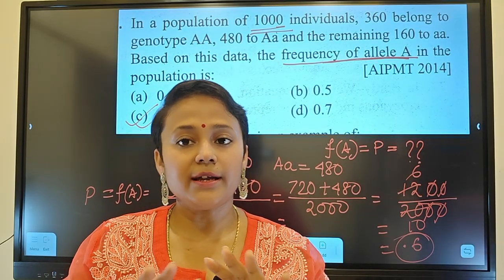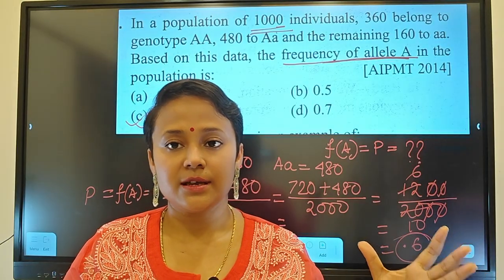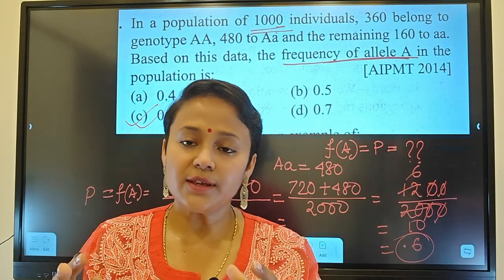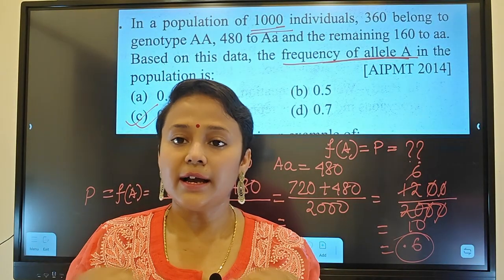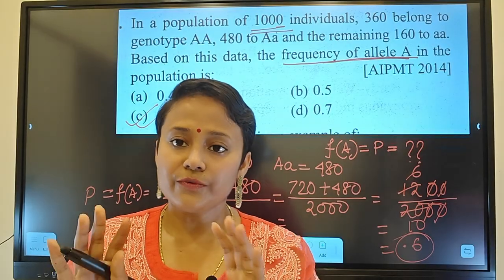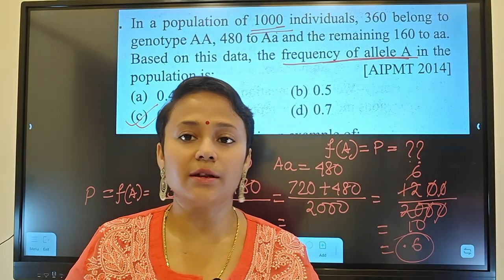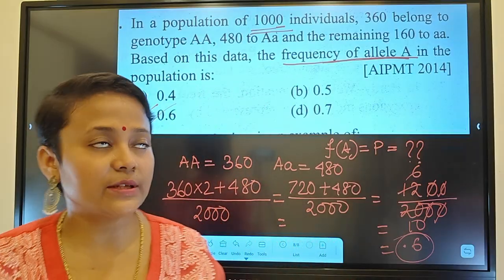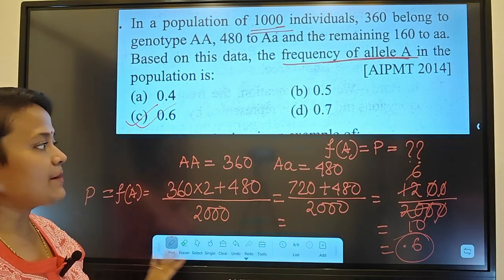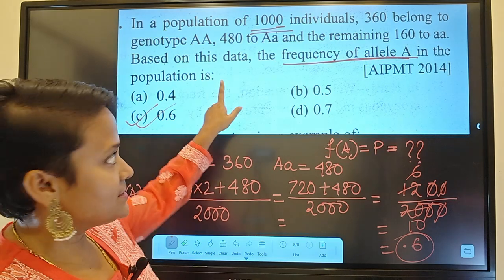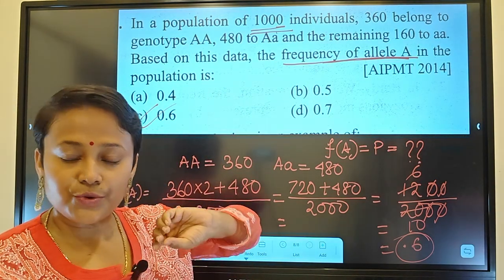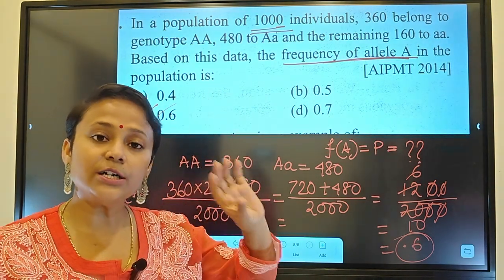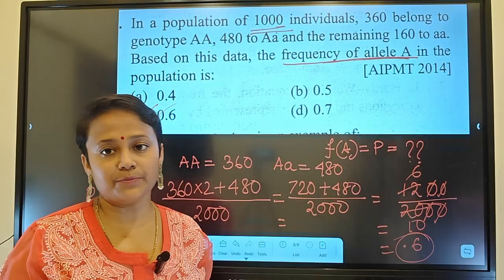You have to remember that in a population, the number of a specific allele divided by the total number of alleles is the frequency of that particular allele. That is called frequency. So we can apply this logic to answer this question. You should have a clear concept, otherwise it will be a problem.